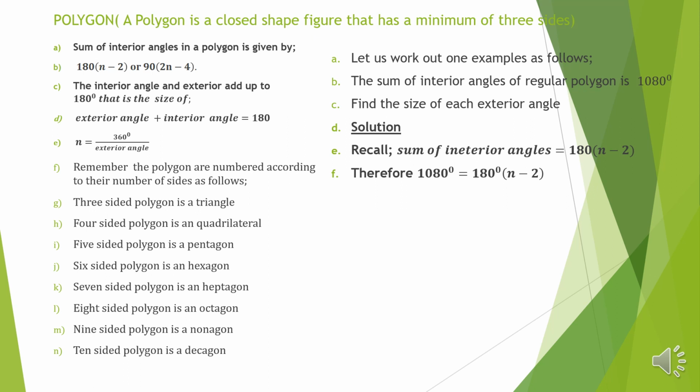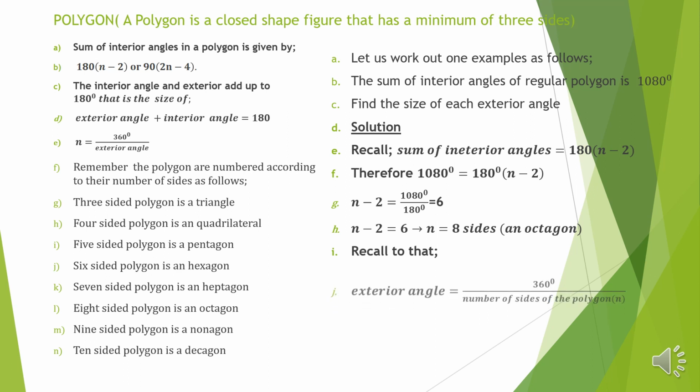Therefore, 1080 degrees equals 180 into n minus 2. By dividing by 180 across, we end up with n minus 2 equals 6, which implies that n equals 8 sides. And by the discussion earlier, such a polygon is referred to as an octagon, an 8-sided polygon.